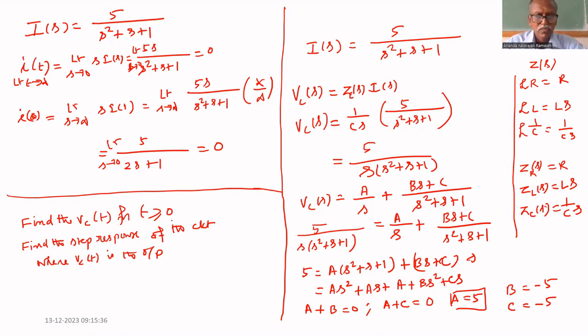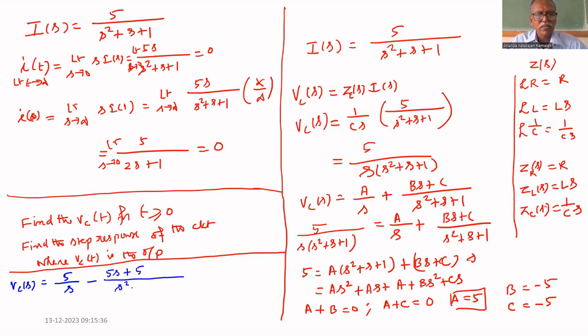Therefore, the voltage across the capacitor VC of s equal to 5 divided by s plus, both minus, that's why we can put minus 5s plus 5 divided by s square plus s plus 1.